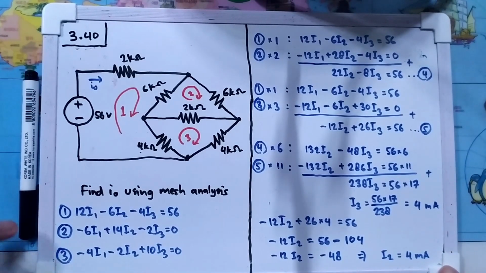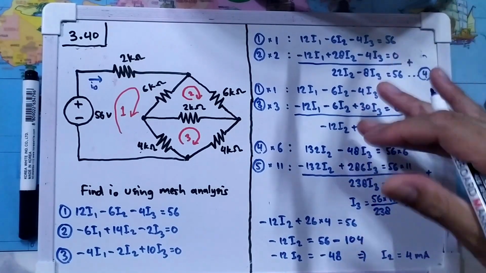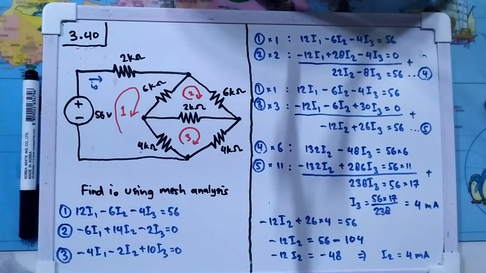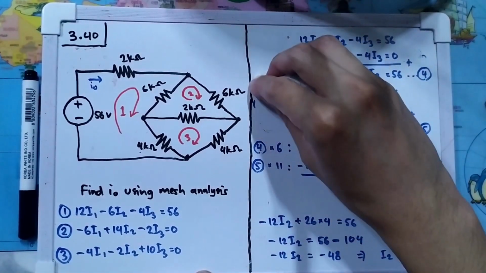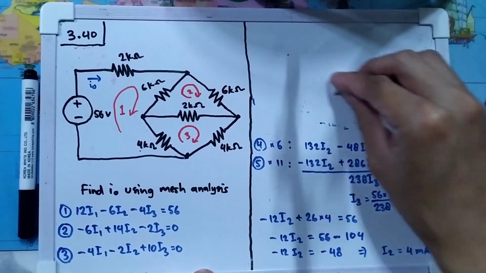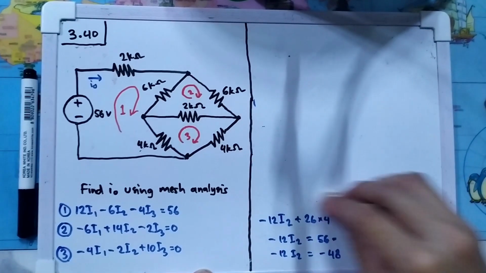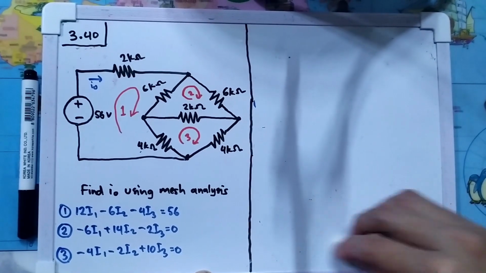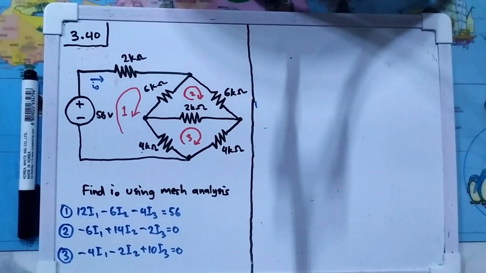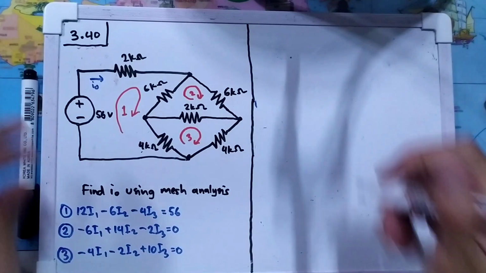And finally we can substitute I3 and I2 to one of these equations. So let's erase this first. So I2 and I3 is 4 milliampere.